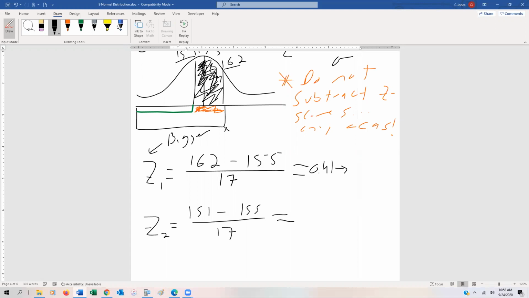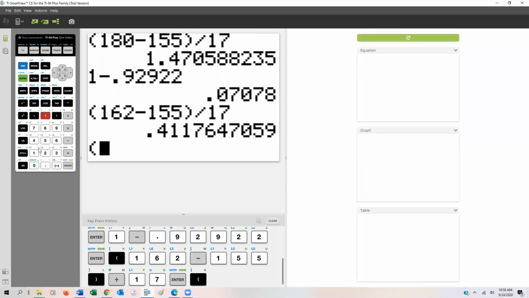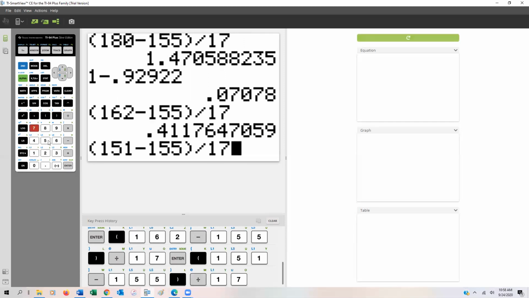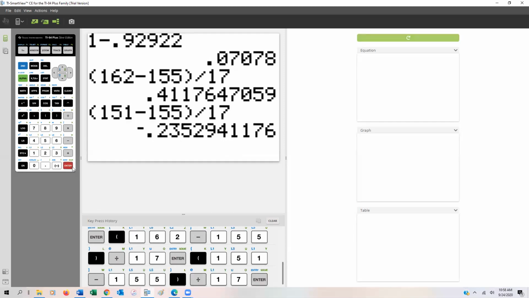Then we do parentheses 151 minus 155, divided by 17, and that yields approximately negative 0.24.